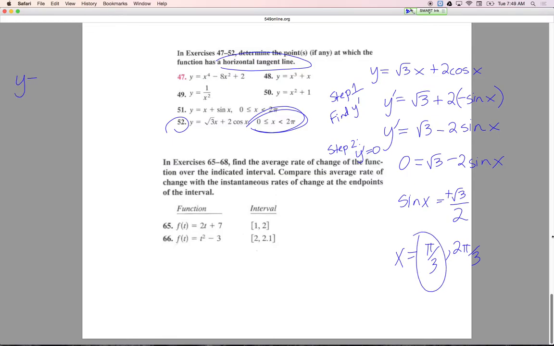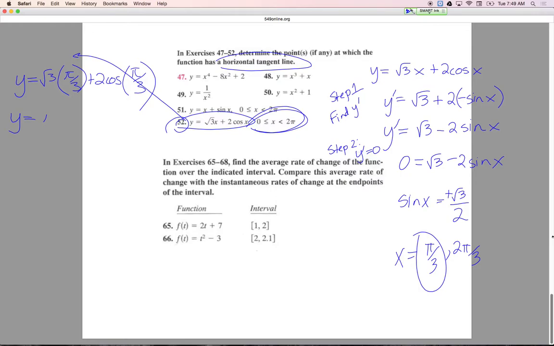We have y equals, it'll be root 3 times, I'm using the original, okay, times pi over 3 plus 2 cosine of pi over 3. Alright, so then we're going to have y equals, this would be root 3 pi over 3. Yeah, just multiply it out.